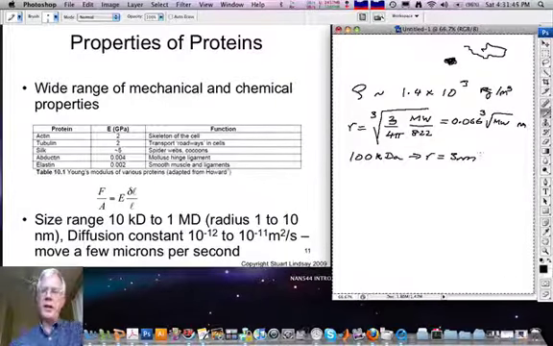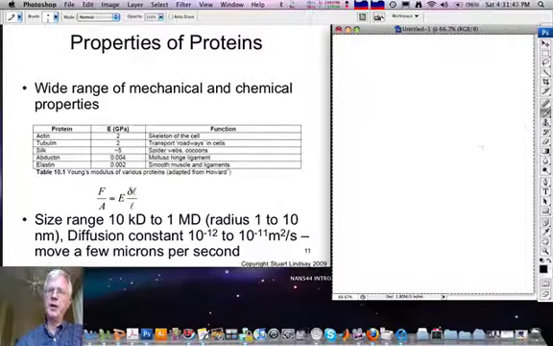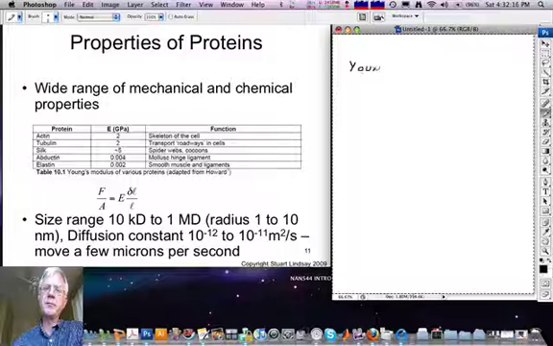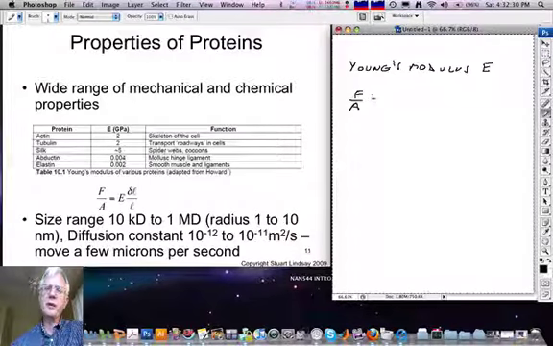Let's talk next about the elastic properties of proteins. The elastic properties of a material are described by the Young's modulus, shown on the slide as E. Force per unit area, which is the stress on an object, is given by the Young's modulus times the strain, which is the change in length divided by length.